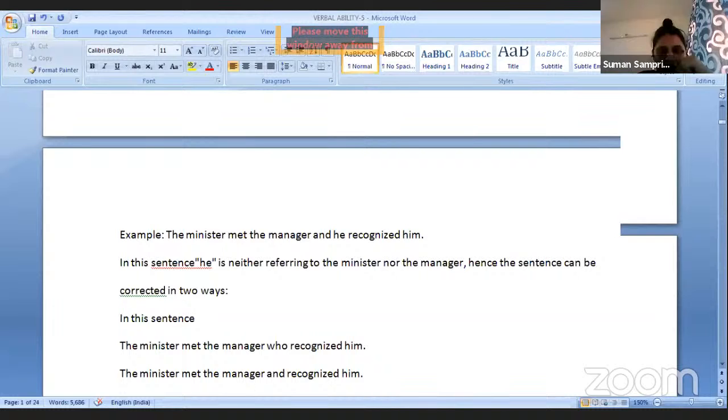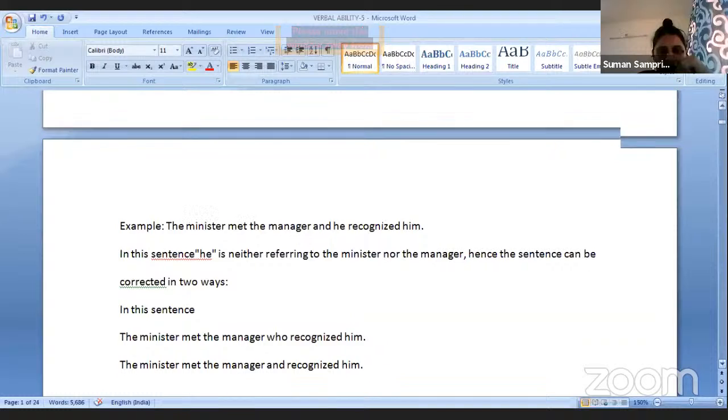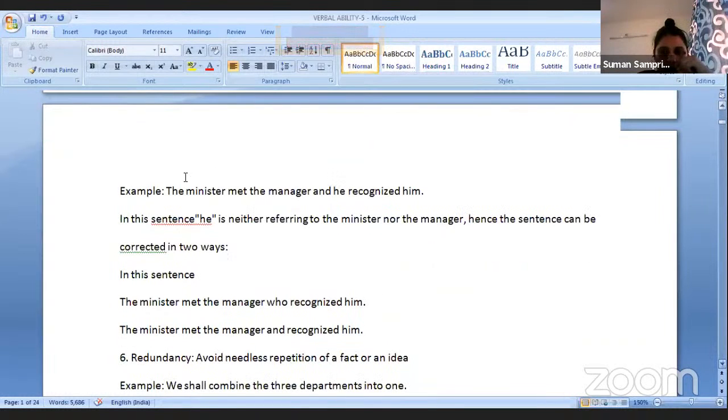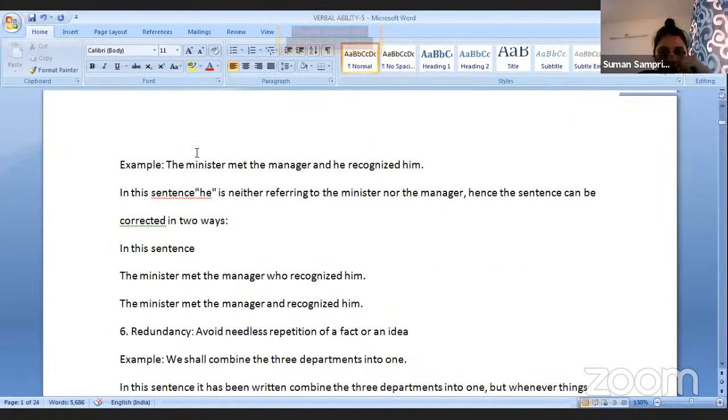So here we will get some kind of confusion because we don't know the gender of the minister over here. So normally we refer to this particular thing as he, and for the manager also we don't know the gender, so we will write he for both.